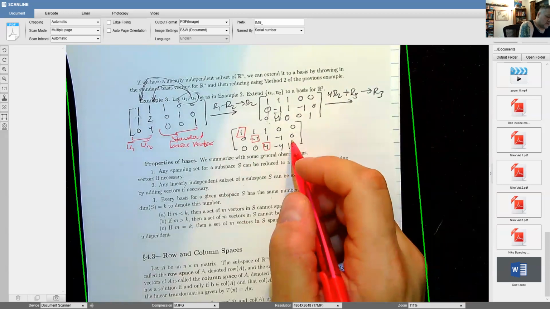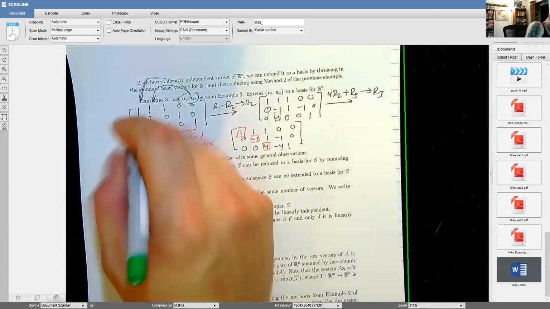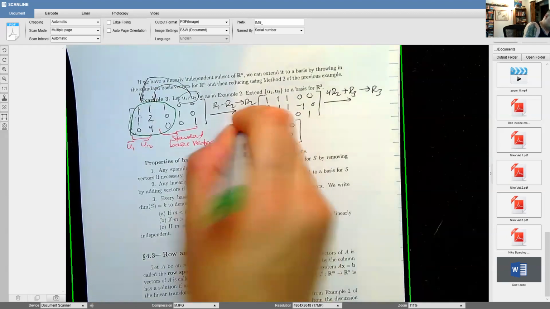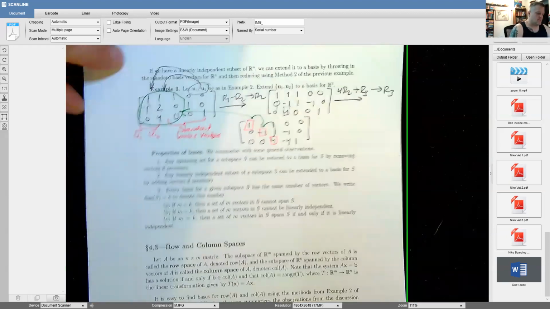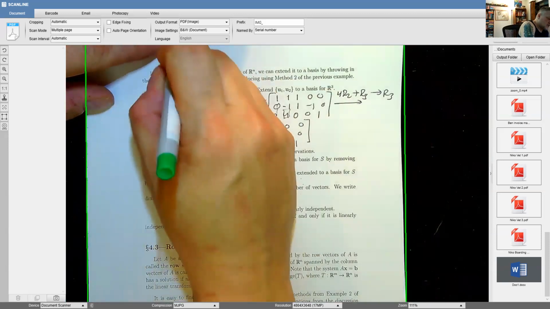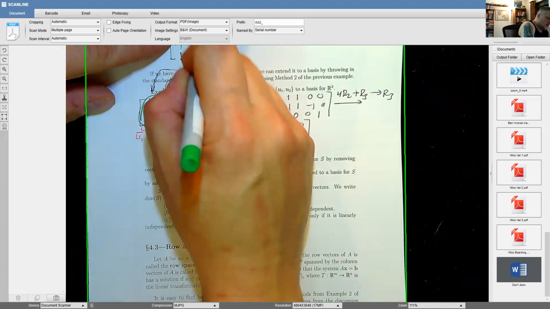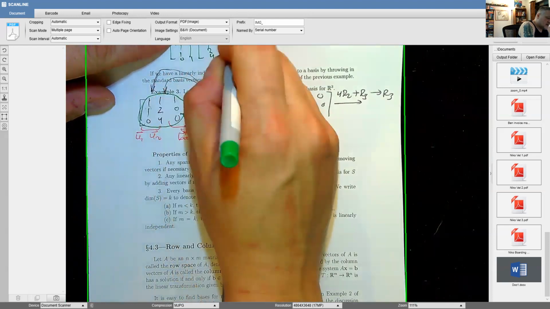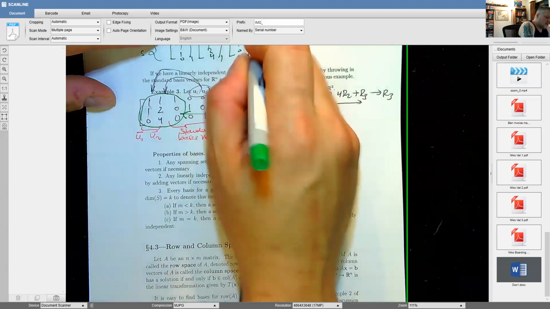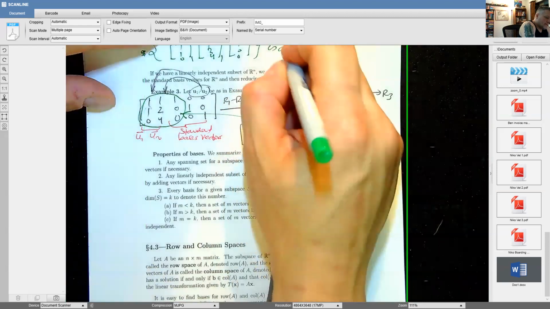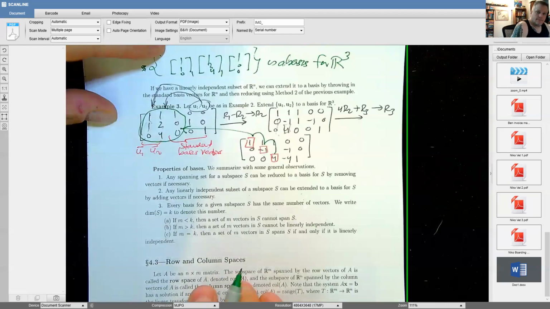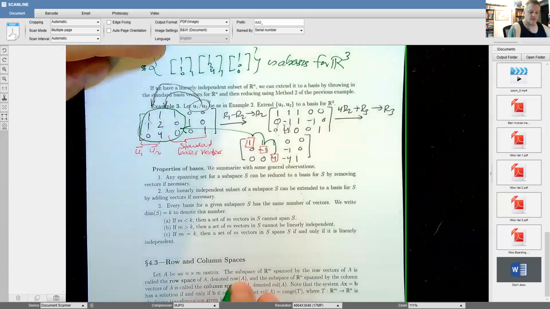That tells you that if you go back to the columns in the same exact positions, the span of those 3 vectors, this vector, this vector, and this vector, forms a basis for R3. That's all you have to do. That's kind of nice.